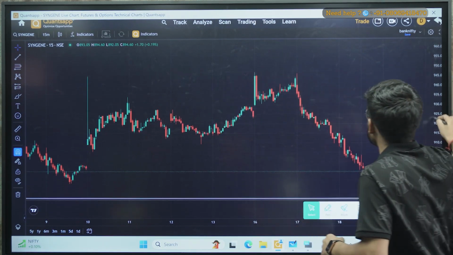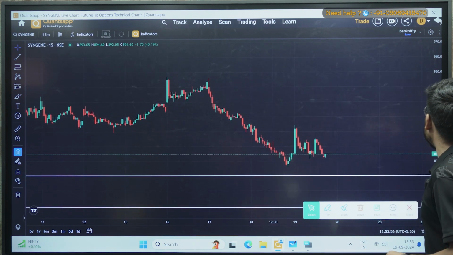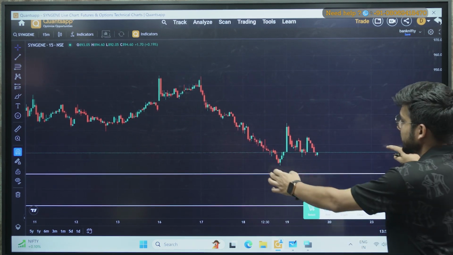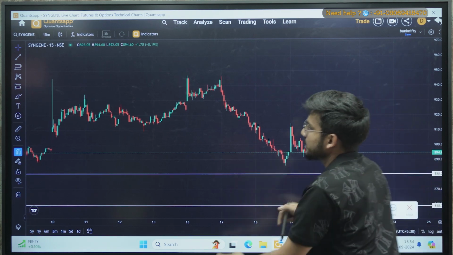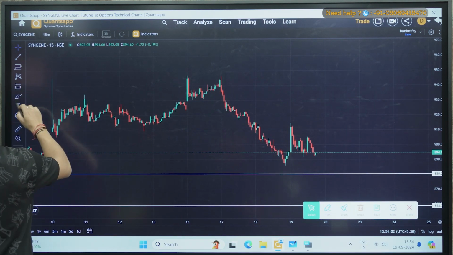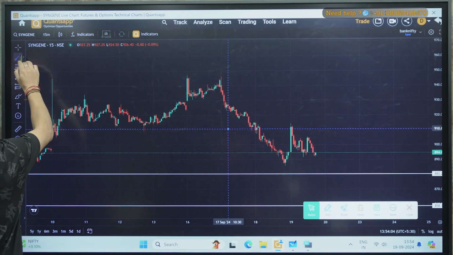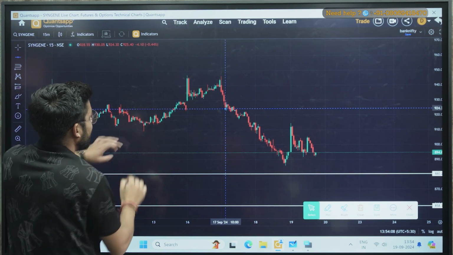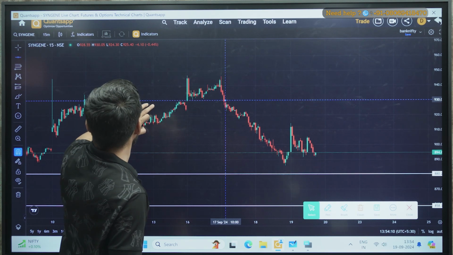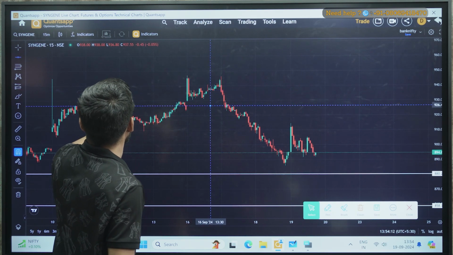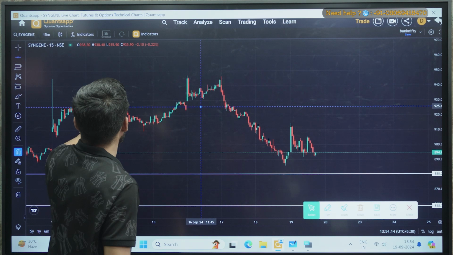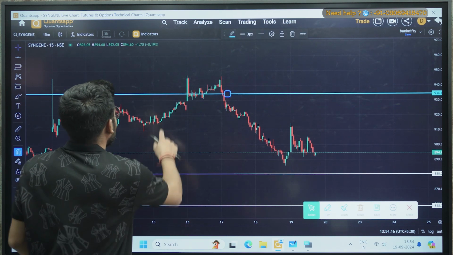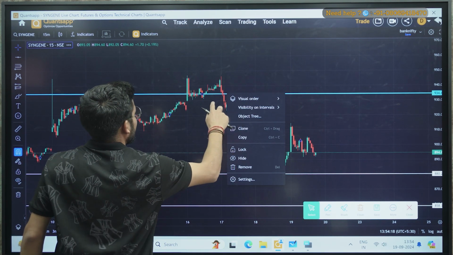Okay, so this is the chart of this. I can see at 920 here, if I'll make a resistance here, just wait, if I'll make a resistance here, at this point, let me shift it a little.